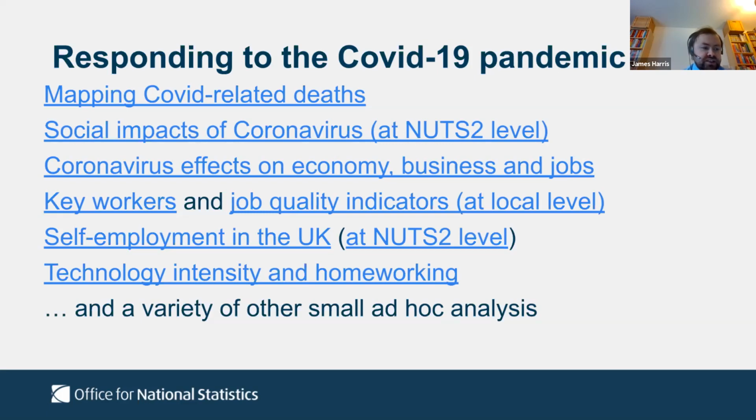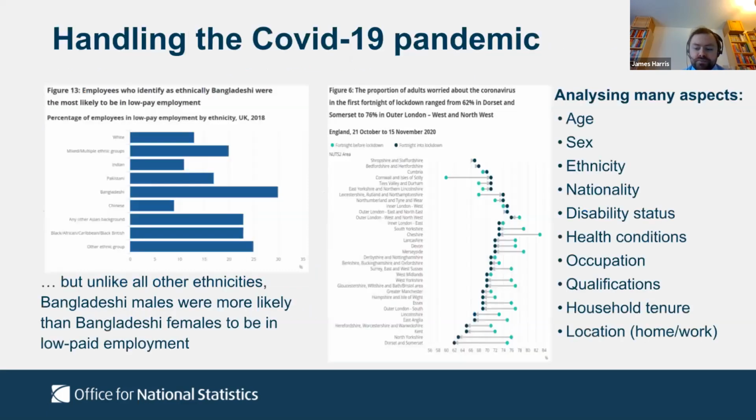So if you go to the next slide, my last slide. So here are a couple of specific examples. On the left was part of our job quality publication, where amongst a very large amount of information, we identified that when breaking down by ethnic group, it was particularly people of Bangladeshi ethnicity who were more likely to be in low-paid employment than any other ethnic group.